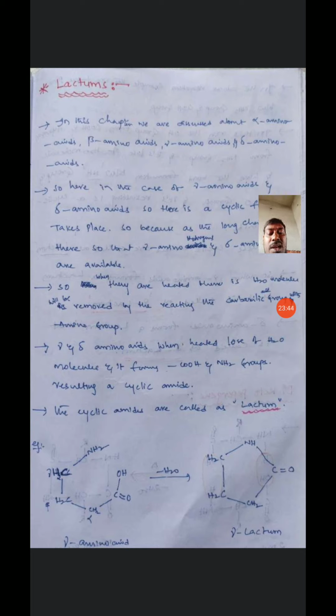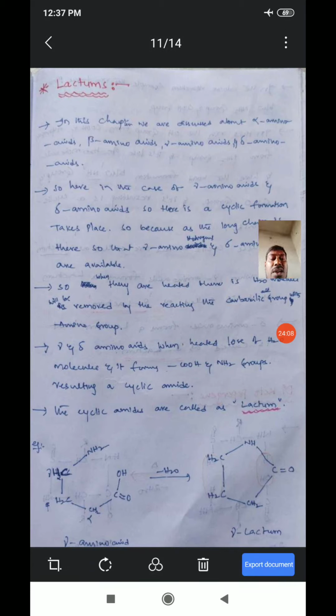So the gamma and delta amino acids, when heated, lose a water molecule from the COOH and NH2 groups, resulting in a cyclic amide. The cyclic amides are called lactams.